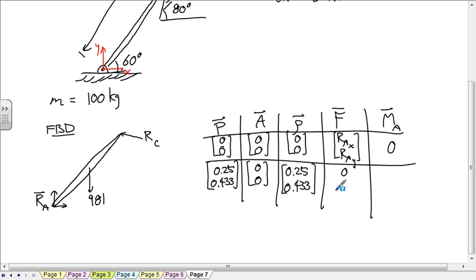The force vector is 0, negative 981. And the cross product is negative 245.2. Is that right?